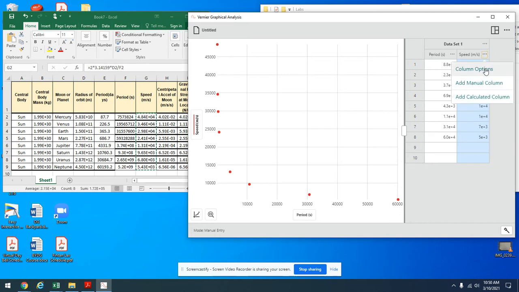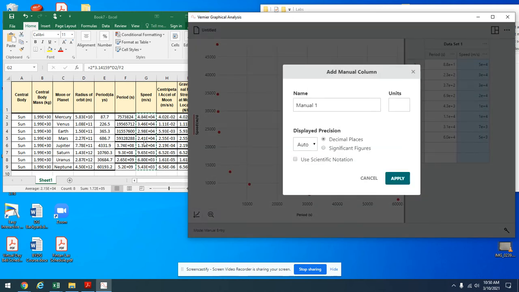And I'm going to make a new manual column. If you're doing this in Logger Pro, all these things that I did here with the formulas and everything, you can do that in Logger Pro and just make new columns right there. Graphical Analysis does not work particularly well for doing that. The formulas that you have access to are very clunky.